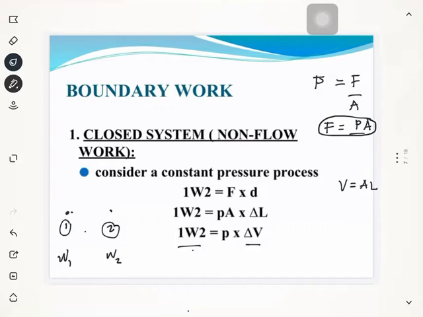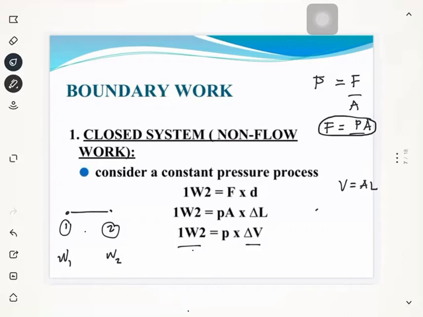You can only say that you have a value at point 1 if it is a property. So take note that work is not a property, and work is a path function. You have a path here from state 1 to state 2.